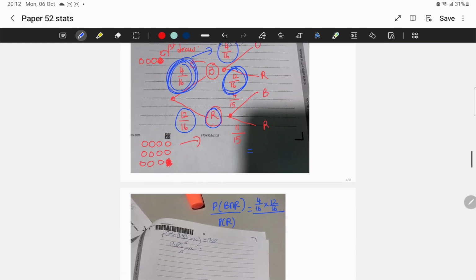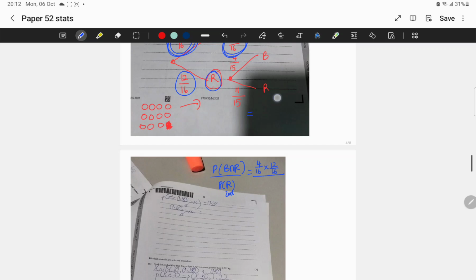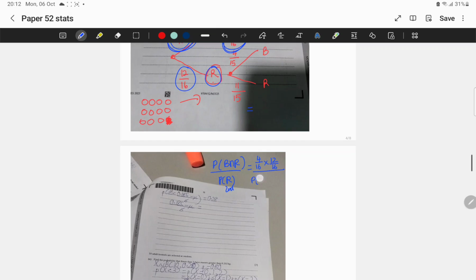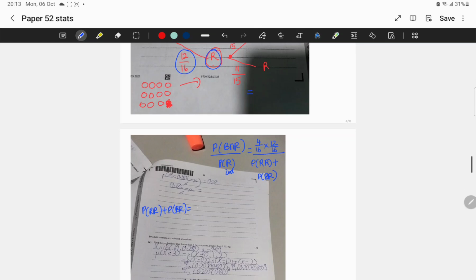Then the probability of obtaining the second one red. To get the second one red, I can get either the first one red and the second one red, or the first one blue and the second one red. So it's probability red plus probability of blue red. Red would be 12 over 16 times 11 over 15.